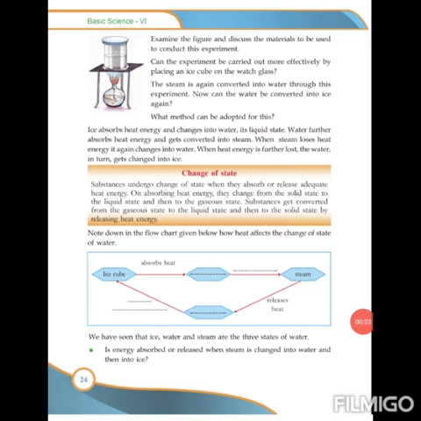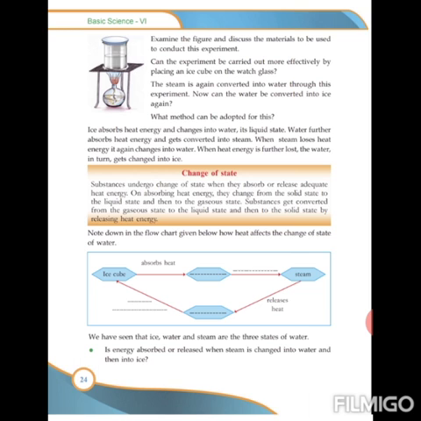Examine the figure and discuss the materials to be used to conduct this experiment. Can the experiment be carried out more effectively by placing an ice cube on the watch glass? The steam is again converted into water through this experiment. Now, can the water be converted into ice again? What method can be adopted for this?